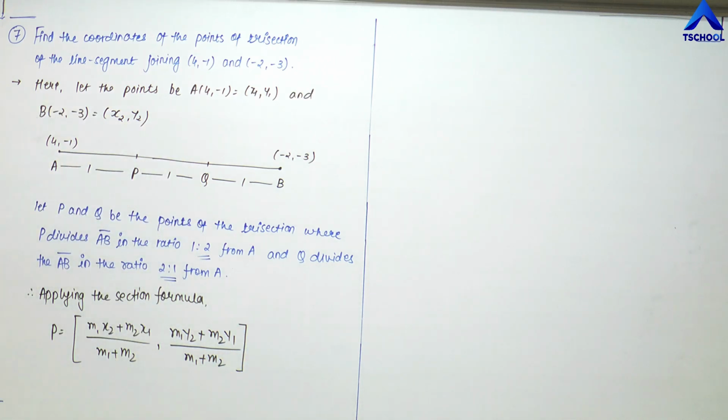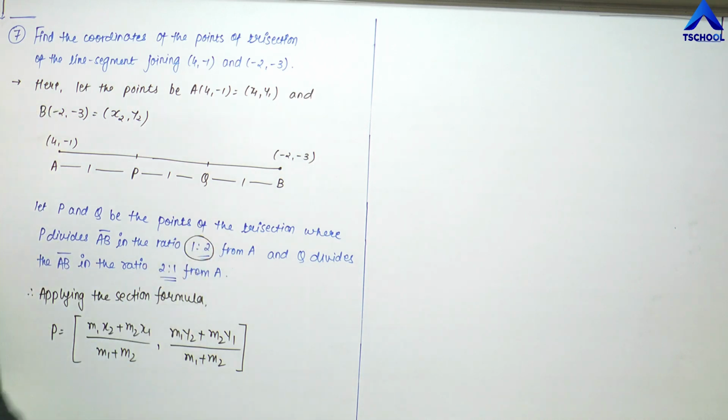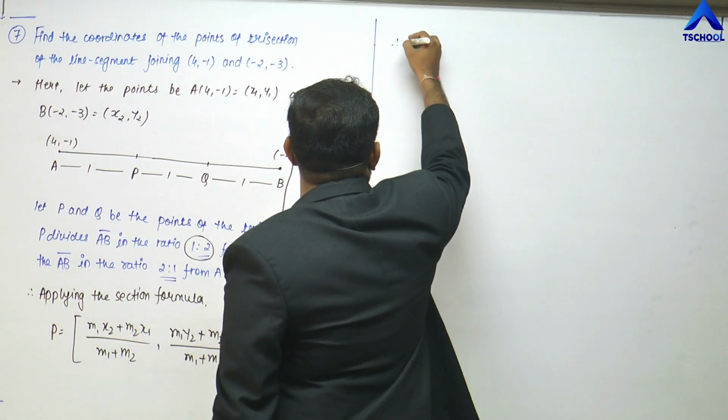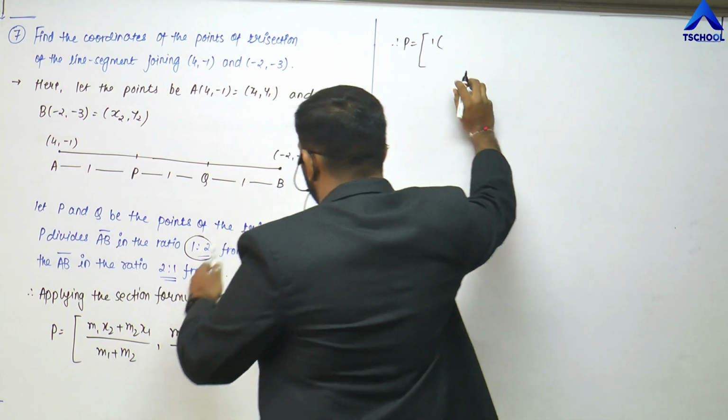This is written for the coordinates of point P. When finding P, we shall use m1 and m2 as 1 and 2 because for P the ratio is 1:2. So let us put down the values here. Therefore P equals 1 into x2.